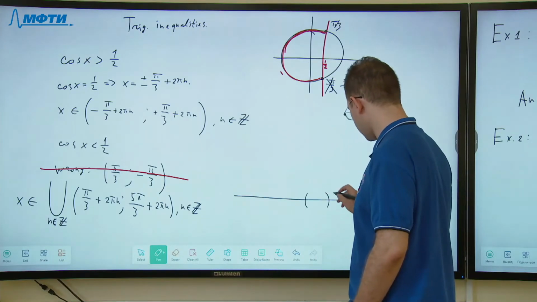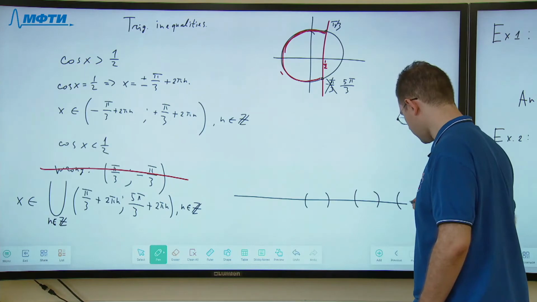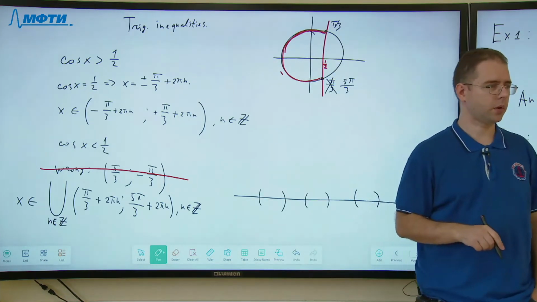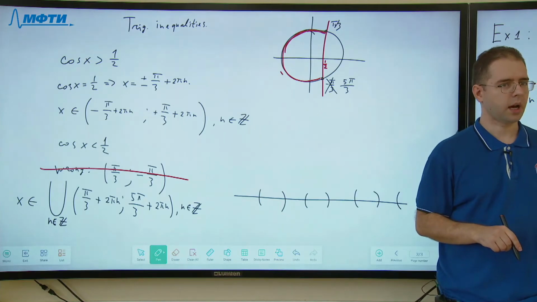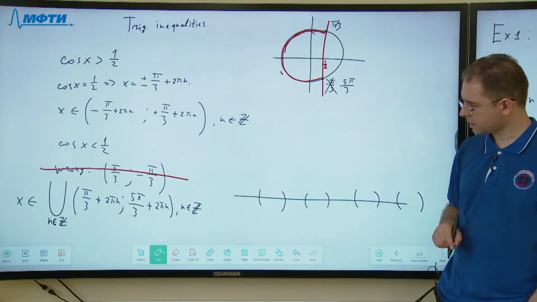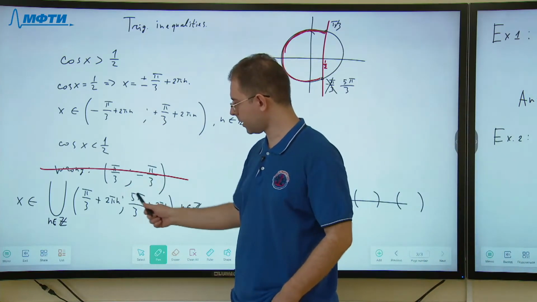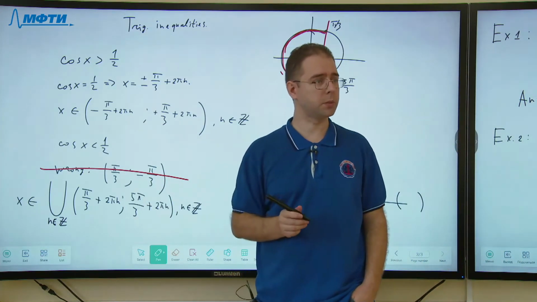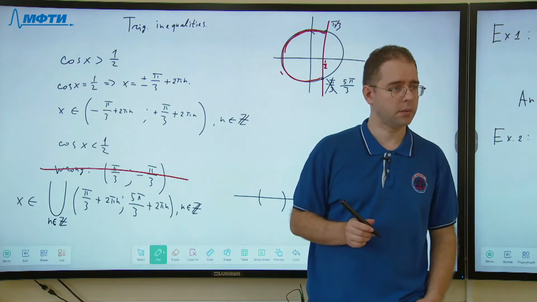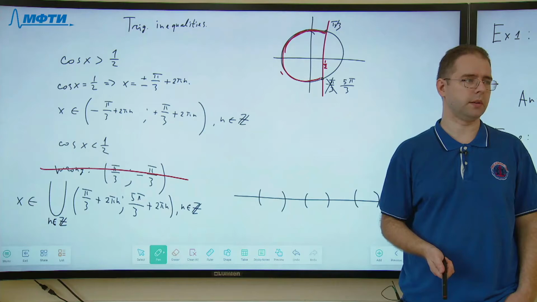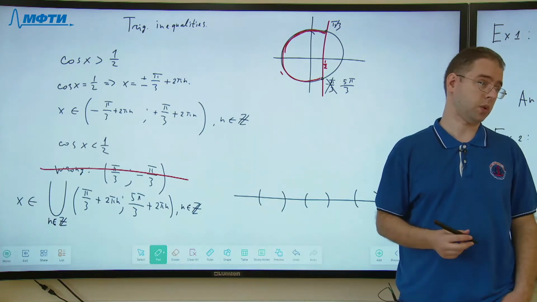So this interval, the next interval, the next interval, infinitely many times to both sides. It would still be wrong to write like that plus 2 pi n, because we'll basically be writing a union of empty sets, which is not what we want to say.